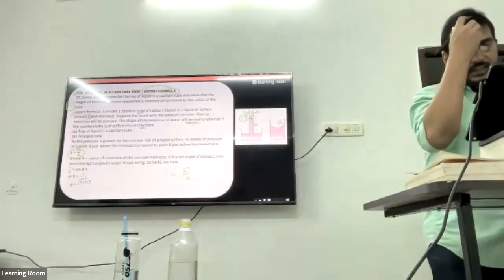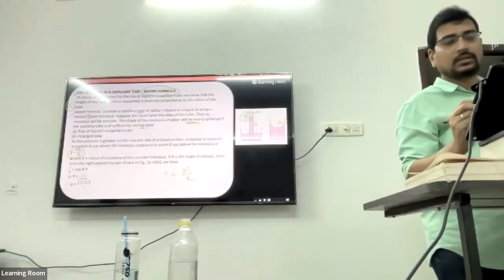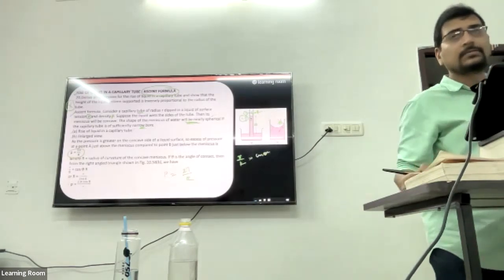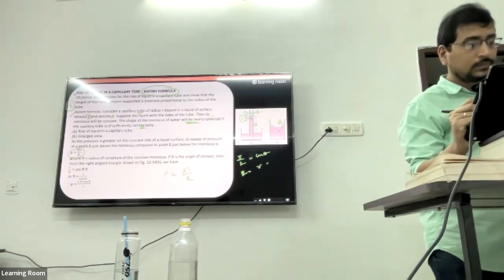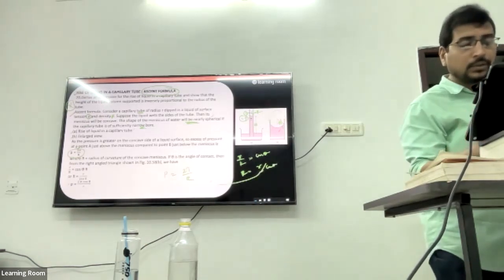Now, listen to this carefully. What will be the relation between capital R and small r? Can I write small r divided by capital R is equal to cos theta? So capital R will be equal to small r divided by cos theta. I'll take this value and put it here.